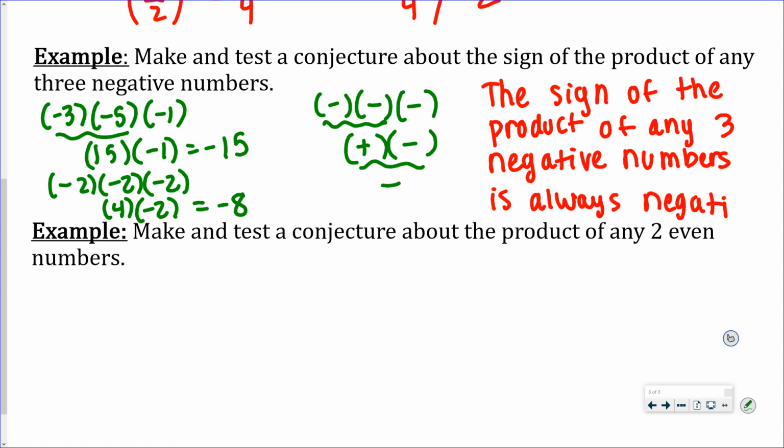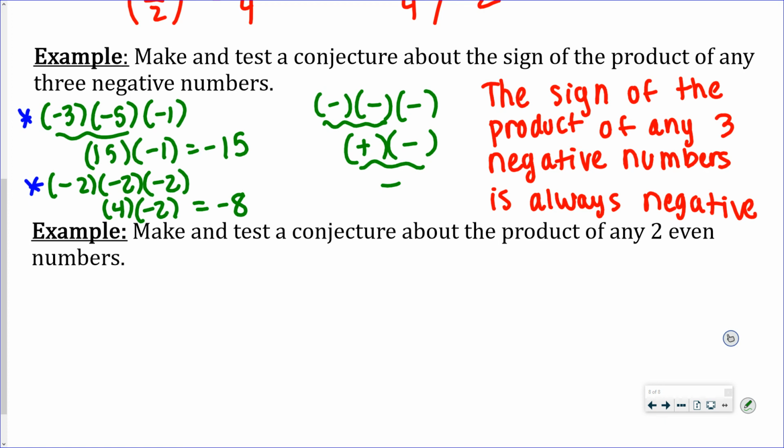It did say make and test this conjecture, so this over here, folks, could count as testing it. Okay. With me? You're slacking. All right, I'm going to let you guys do the last one.